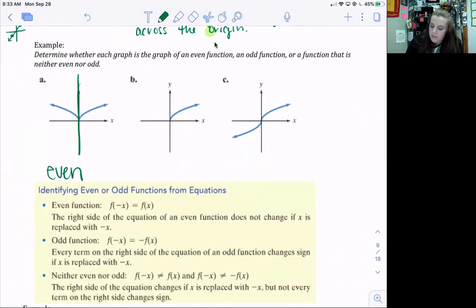Looking at B, we don't have any line of symmetry. There is no mirror image, so this is neither. And looking at C, we can draw a line here, which makes this odd because it's through the origin.